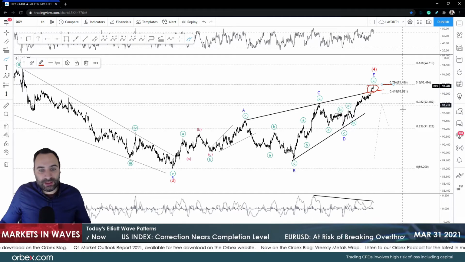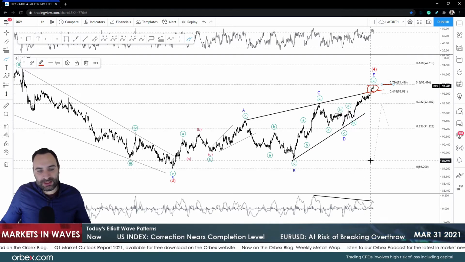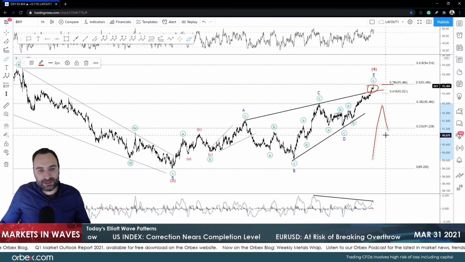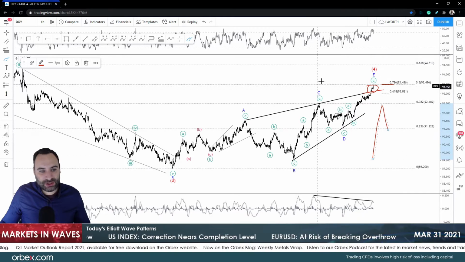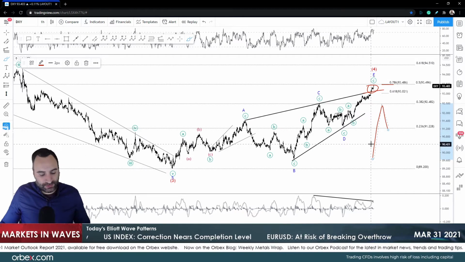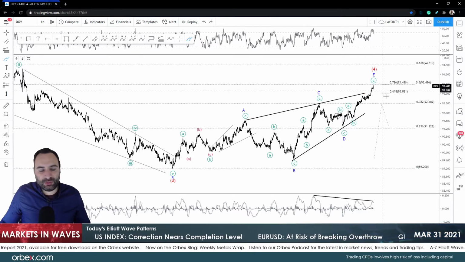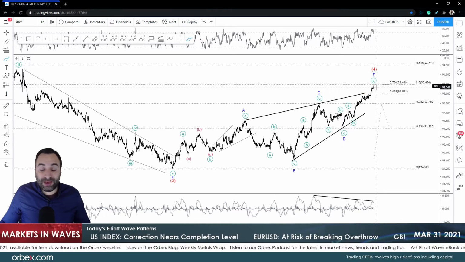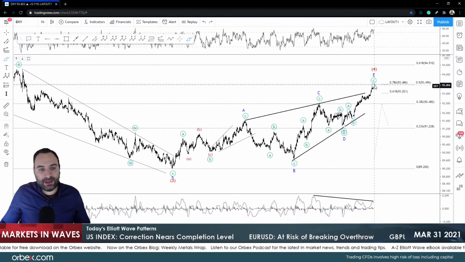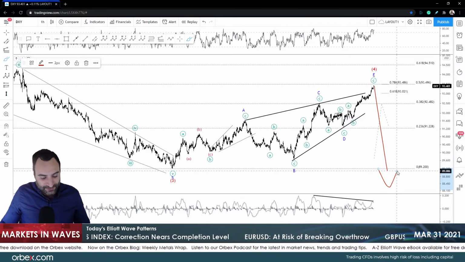So I'm looking at this cluster, guys, because it's the 50 Fibonacci extension and also the 78.6 Fibonacci extension of waves C and D over here. I think 93.50 could perhaps be the level where we might start correcting, finish the correction, and then continue lower finally for wave 5.